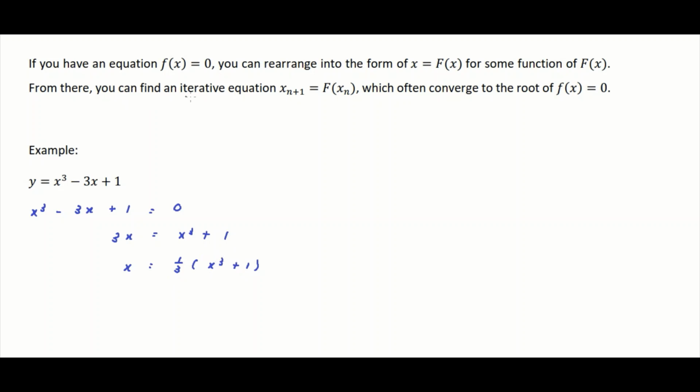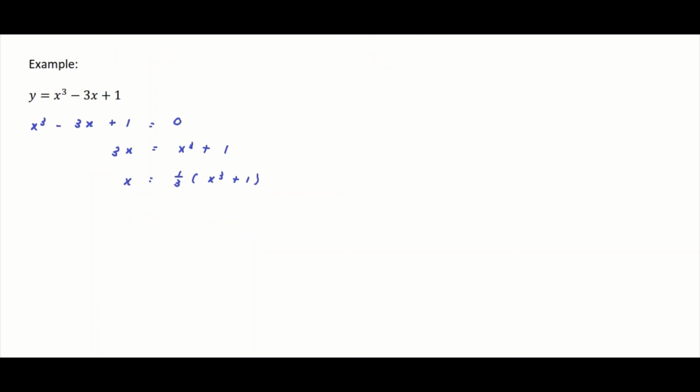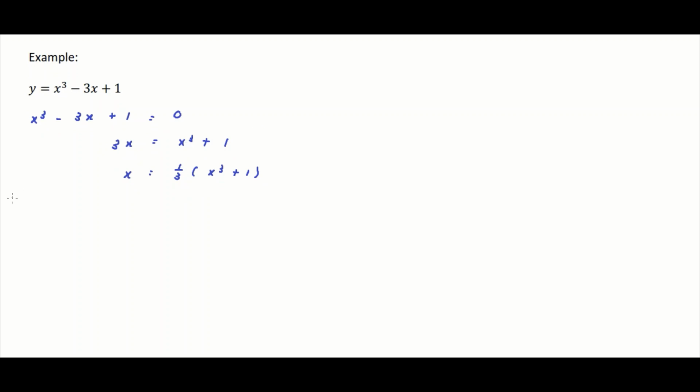From there, you can find an iterative equation where x subscript n plus 1 equals f of x n, which always converges to the root of f of x equals 0. So how do we do that? After you have found this equation, we will rewrite it again as an iterative formula.